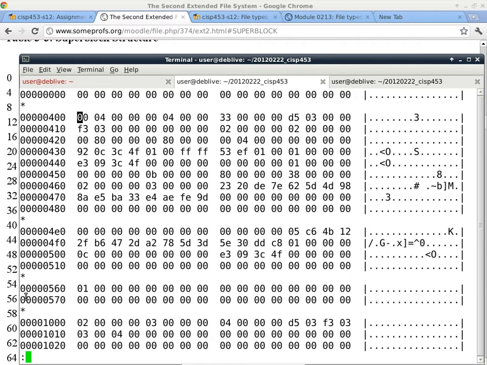So one will be a hex digit on the left-hand side, and the other one will be on the right-hand side. So now we have to go to 438. So 430 is here, 438 and 439 are here. Okay, those are the 2 bytes.